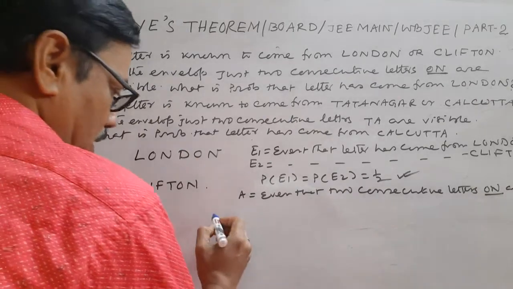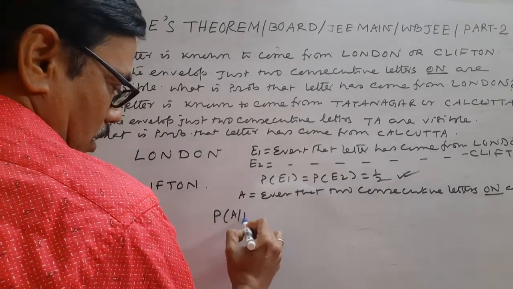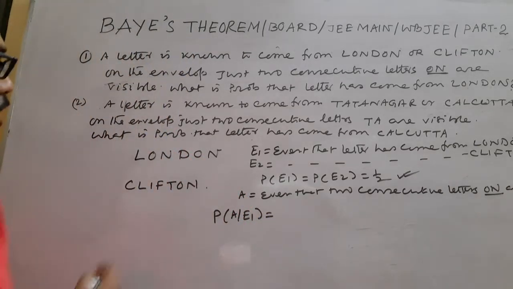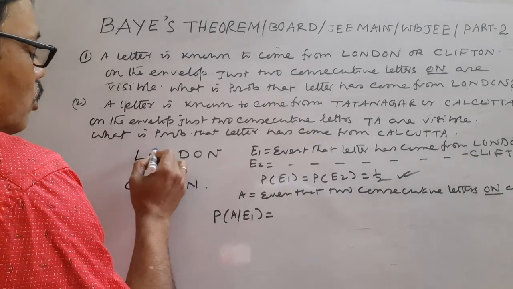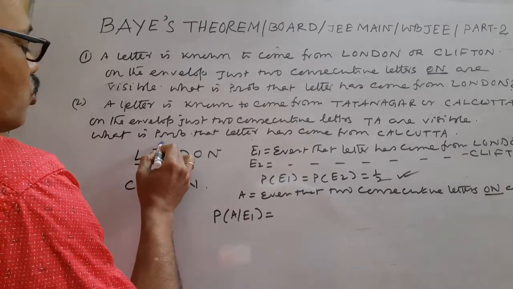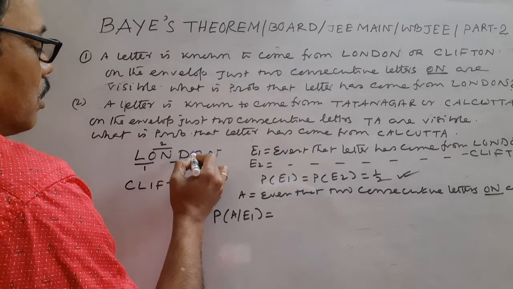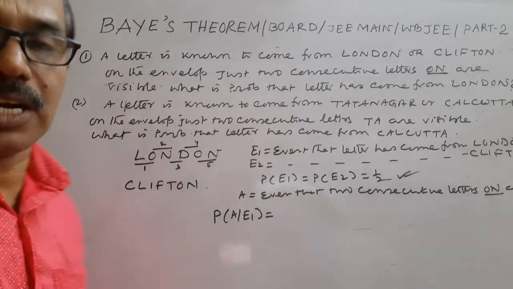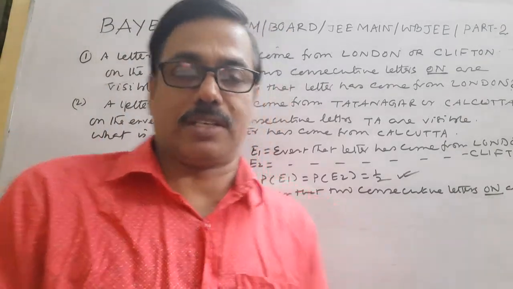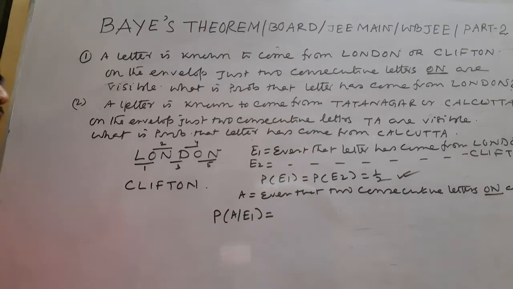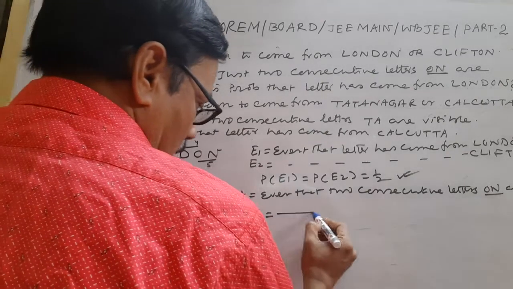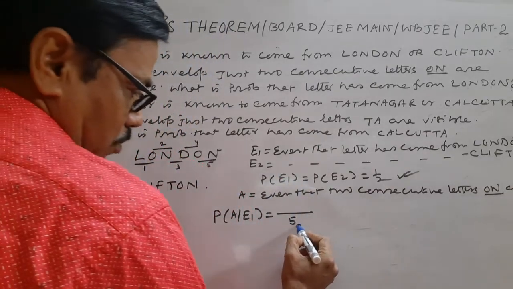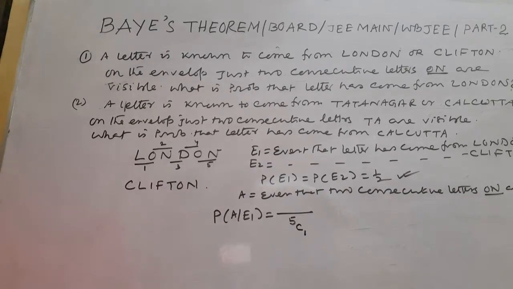So look, what is P(A|E1)? ON visible from London. So look, 1, 2, 3, 4, 5, 6 letters. So how many consecutive letters? 5 pairs of consecutive letters. So you have to take 1, 5C1, that is 5.